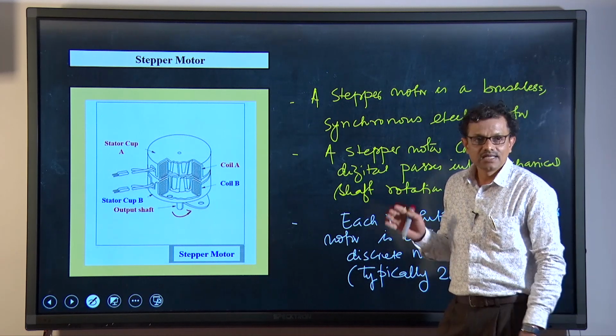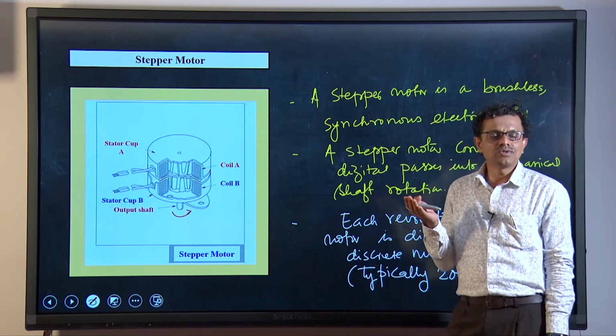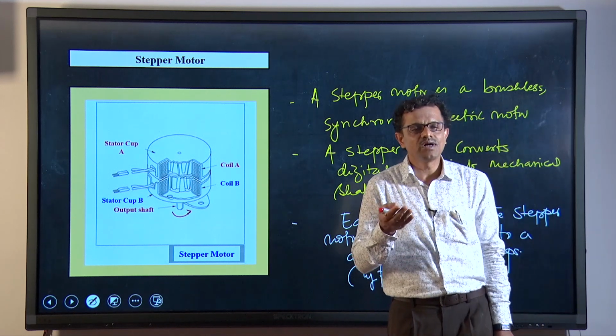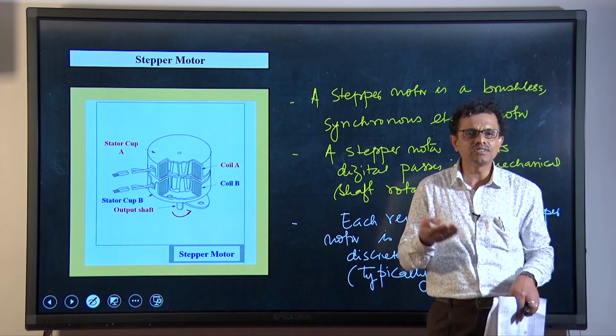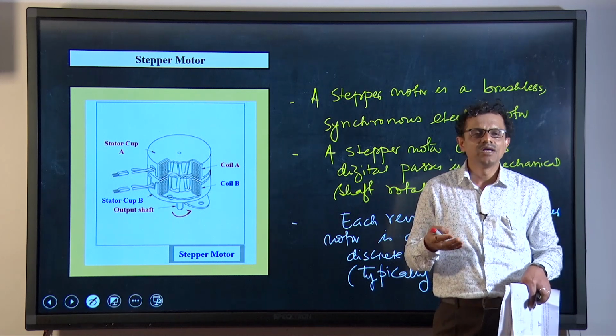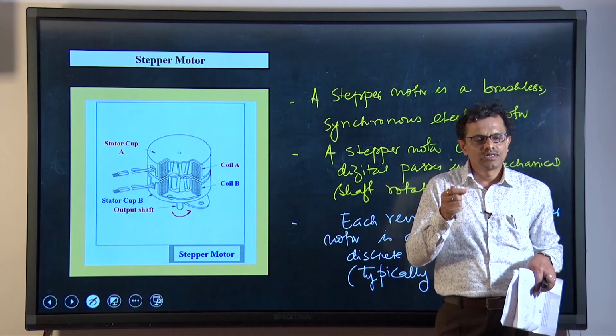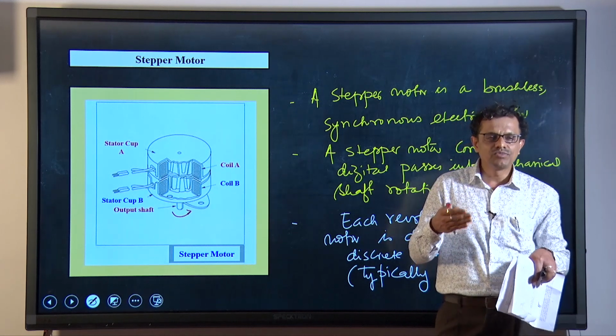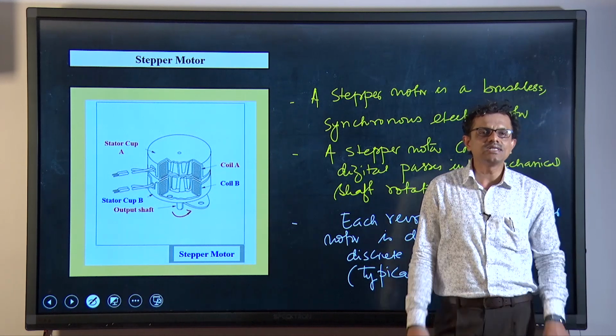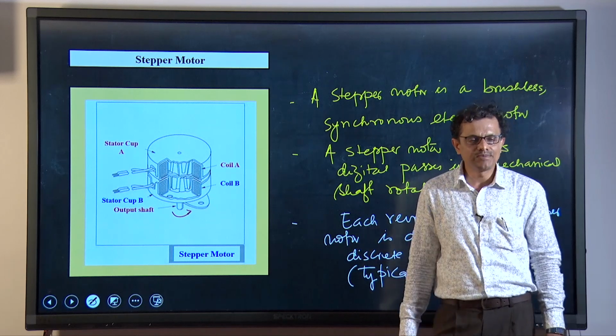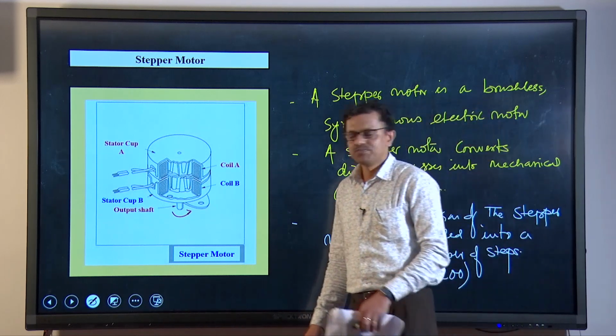Now, the question is, since the rotation of the motor is proportional to the frequency of the pulses, if we have more pulses, then perhaps the stepwise rotation of the stepper motor can be converted to continuous rotation. This is what is important.